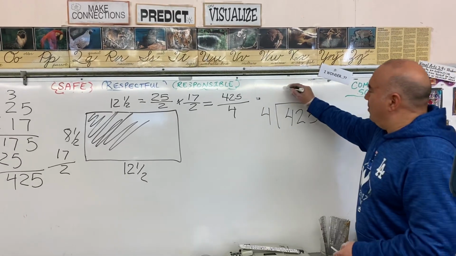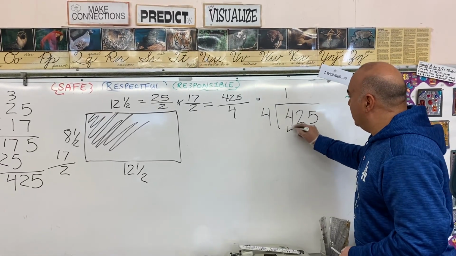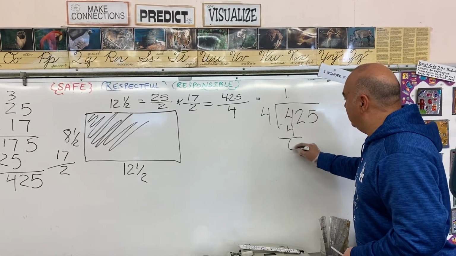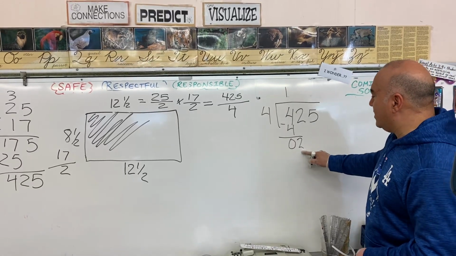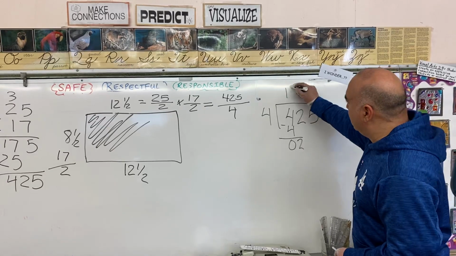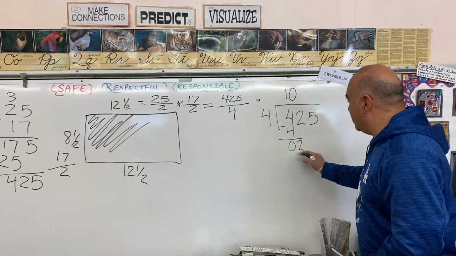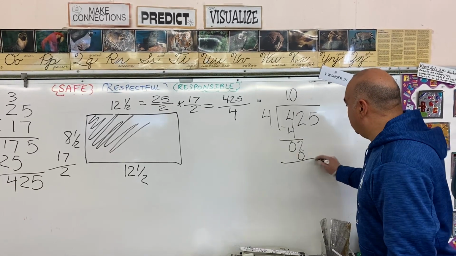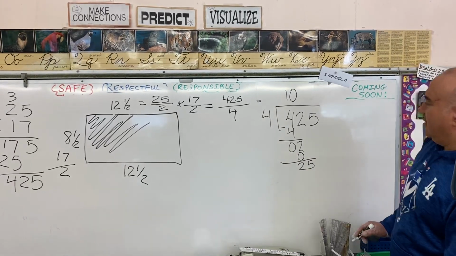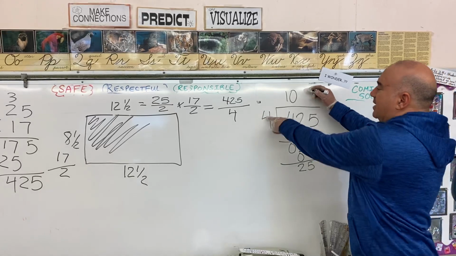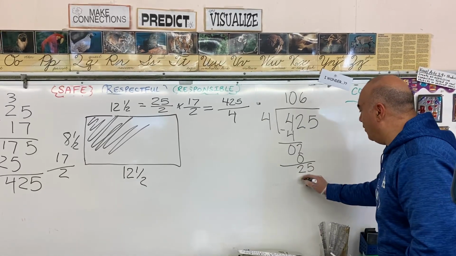Okay, 1 times 4 is 4. I bring down the 2. One number times 4 will give me 2 or almost 2. 0 times 4 is 0. Subtract. Now I bring down the 5. 6 times 4 is 24.